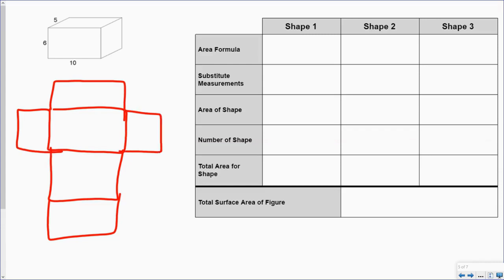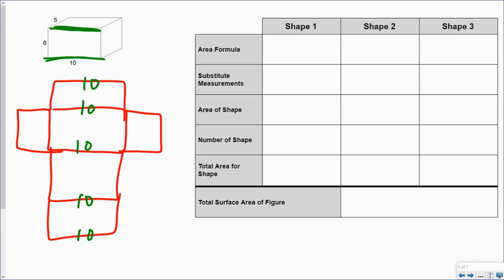Now I'm going to label the measurements for these different faces. If you notice here is 10, that means this part is also 10. So if I look here, this is 10, that means this is 10. And if these two are 10, that means all of these edges are also 10 units.